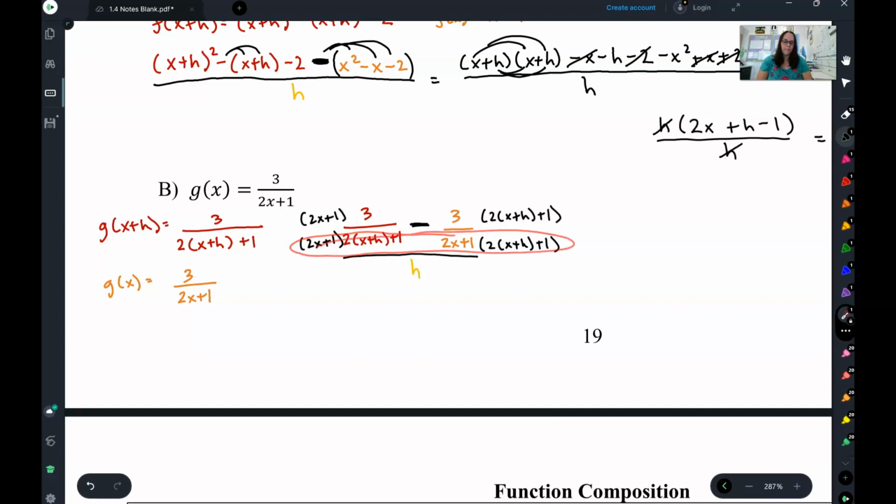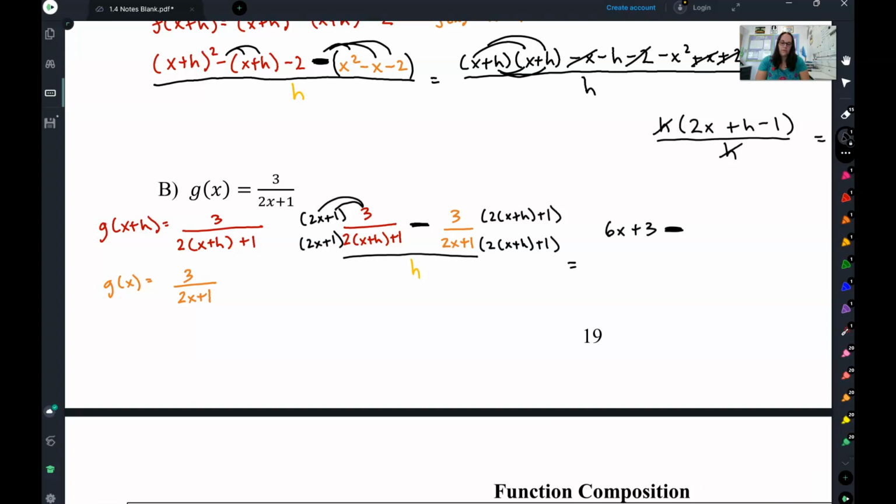They are common. So what I'm going to do next is distribute this 3 into here, which gives me 3 times 2x, 6x. 3 times 1 is 3. And now I have this big fat subtraction sign. And I'm going to distribute all of this together.